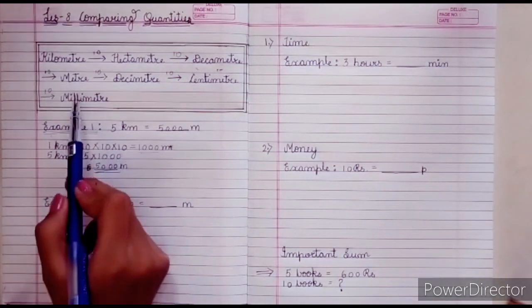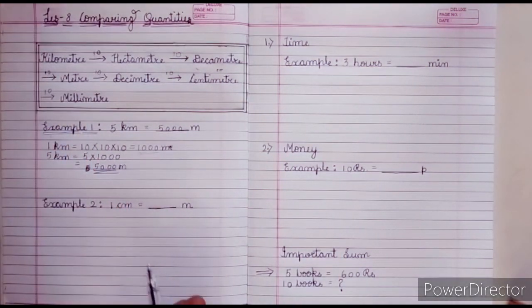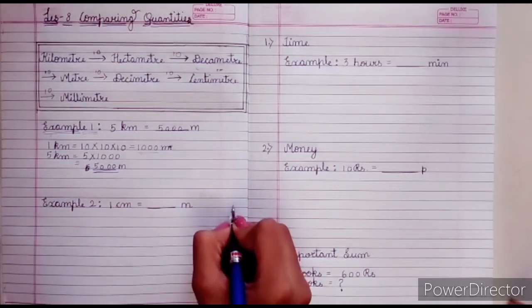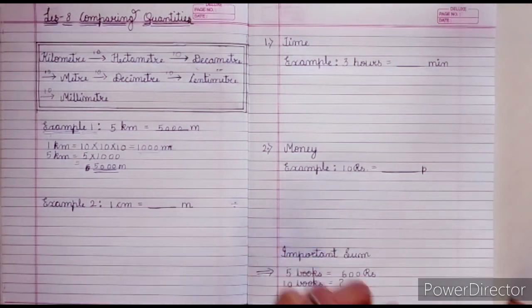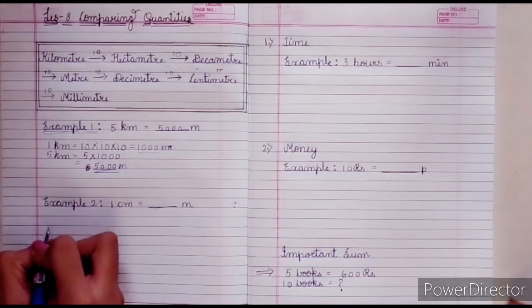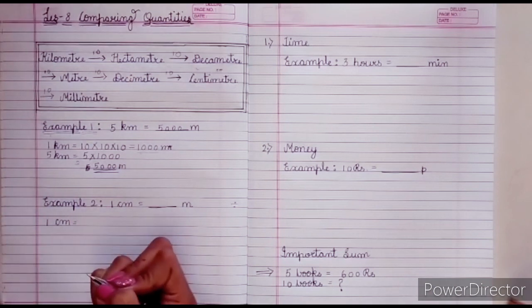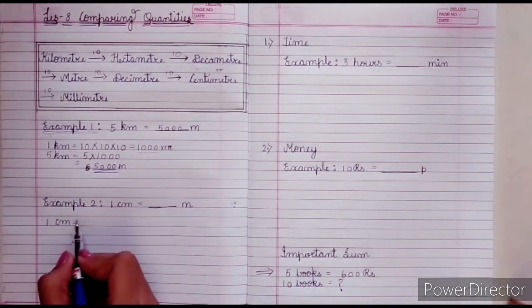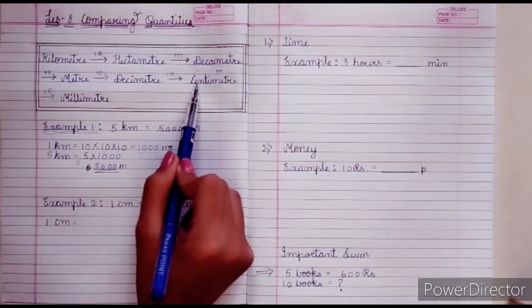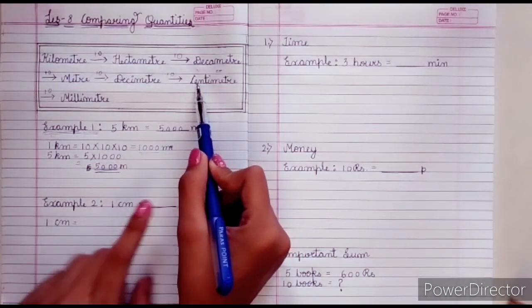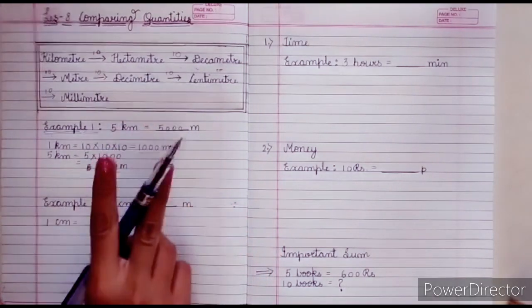Now we'll take second example in which we are going small to big. So we'll divide because we are going small to big. And now we have to find of 1 centimeter to meter. So we will count the 10 that came between this centimeter and meter. So it came 1 and 2 times.